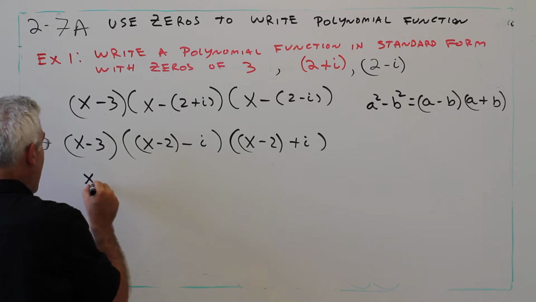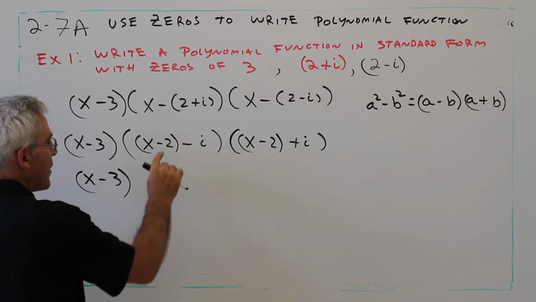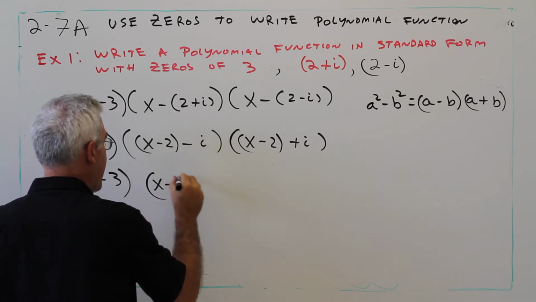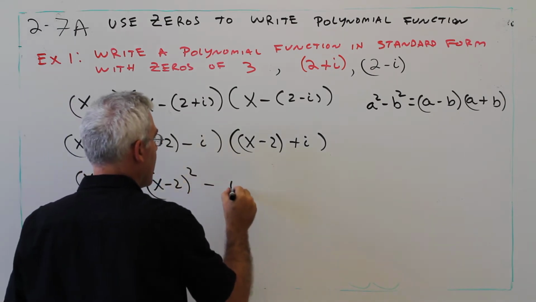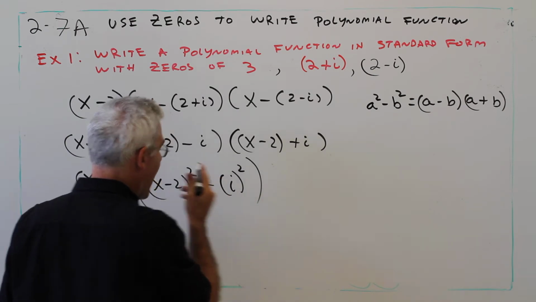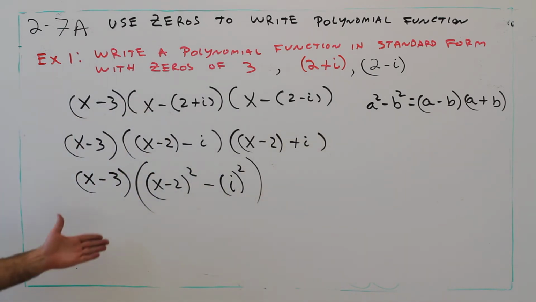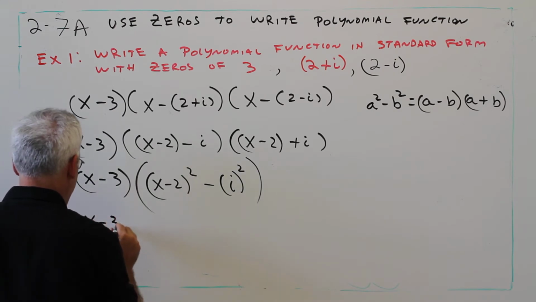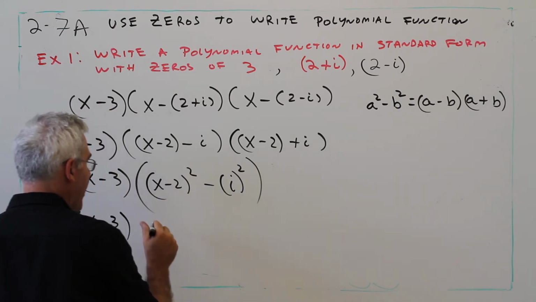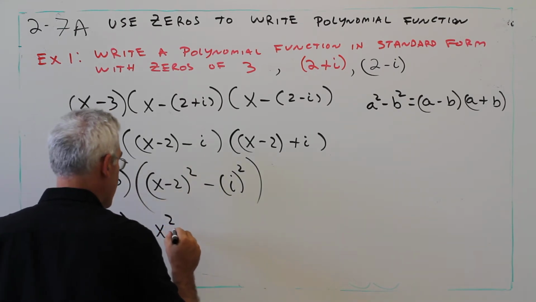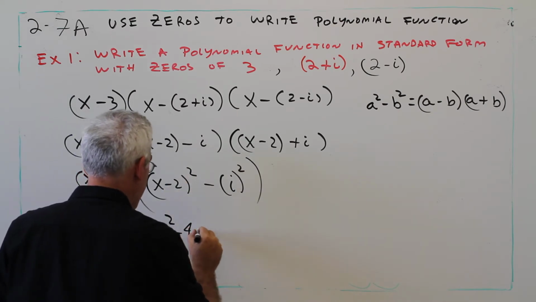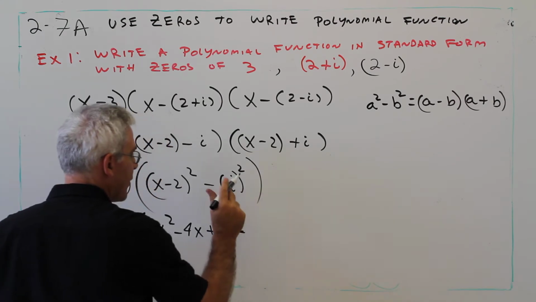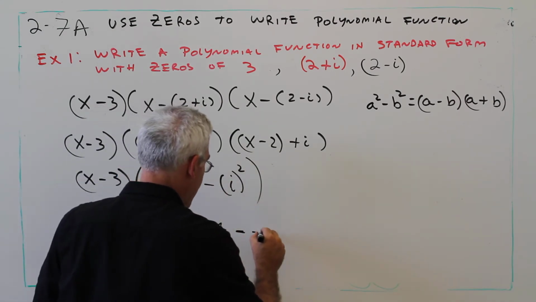All right, so it's going to be x minus 3 times this first thing squared, (x minus 2) squared, minus i squared. All right, so now I can work this out. I can FOIL that: x squared minus 4x plus 4, minus i squared, which is negative 1.